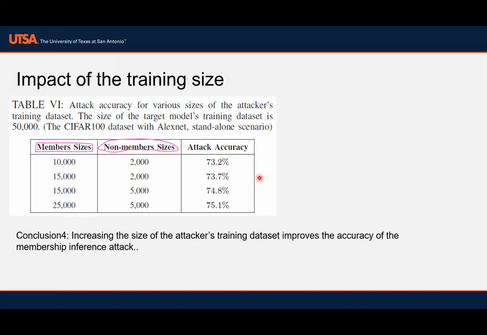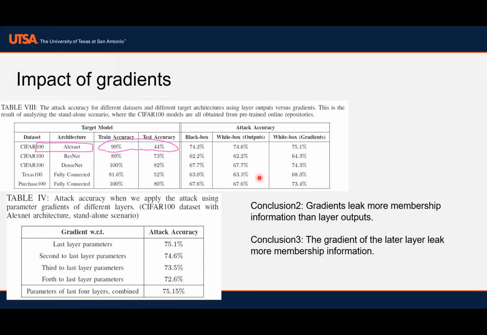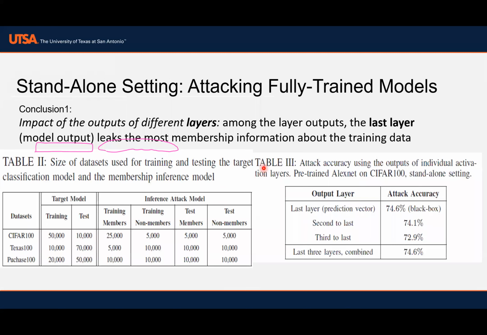In their experiments, the training members are always larger than the non-member size. I'm not sure. You can see from this table. How about this example here?